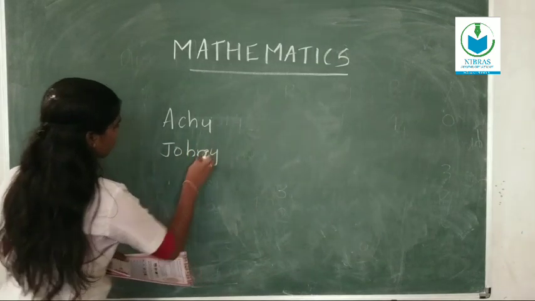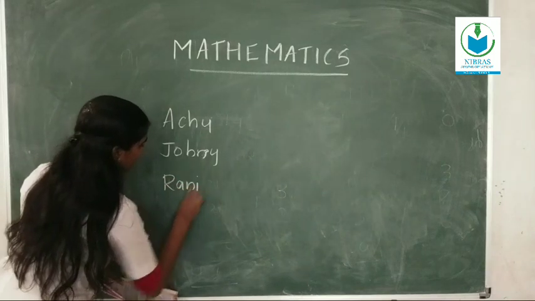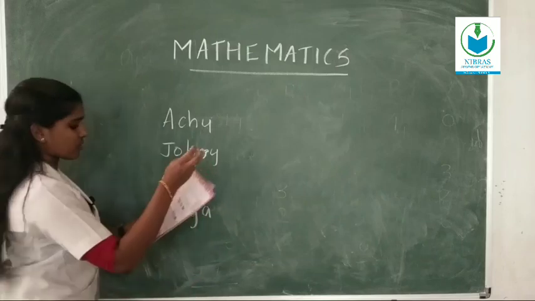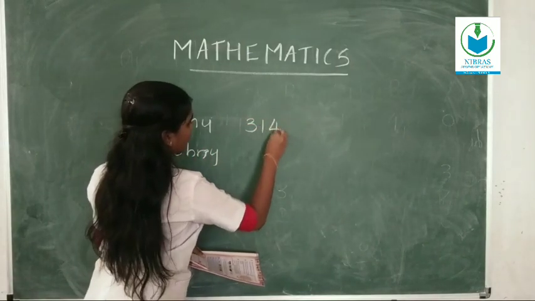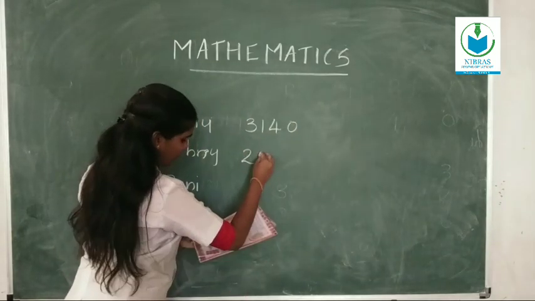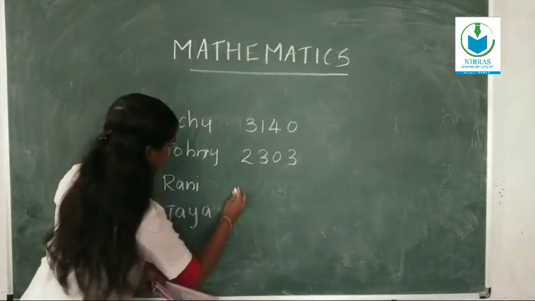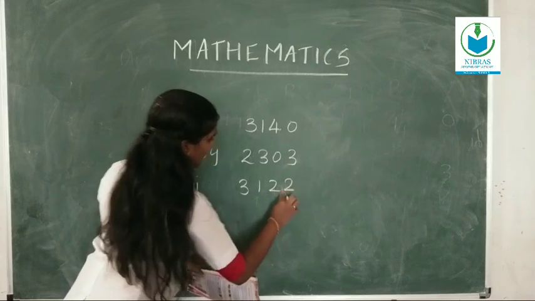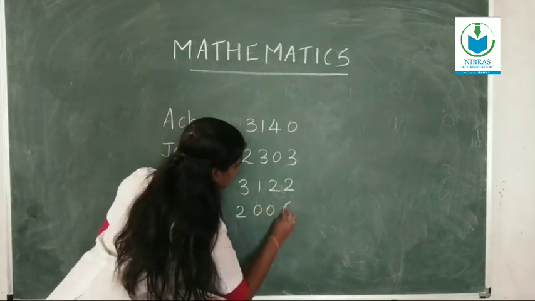And also the points: Achu got 3140 points, Joni got 2303 points, Rani got 3122 points, the last one Jaya got 2006 points.